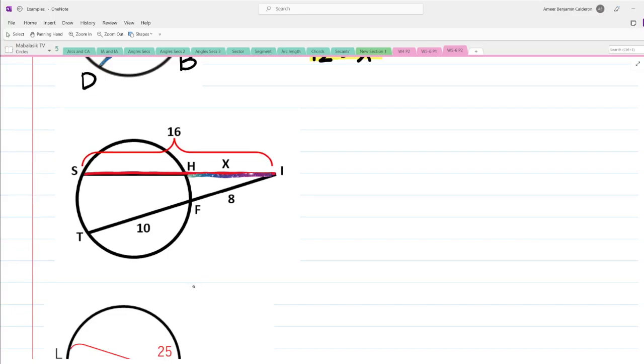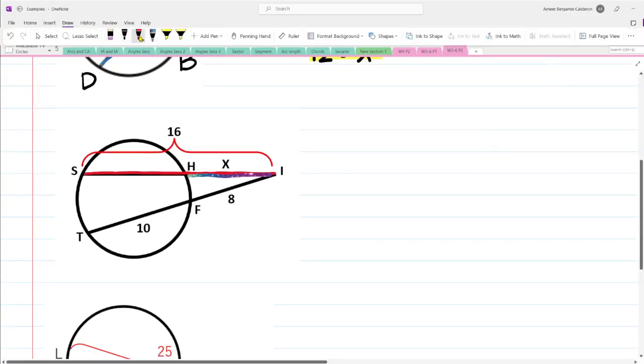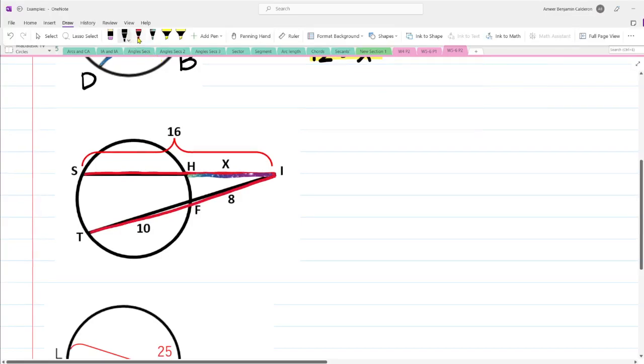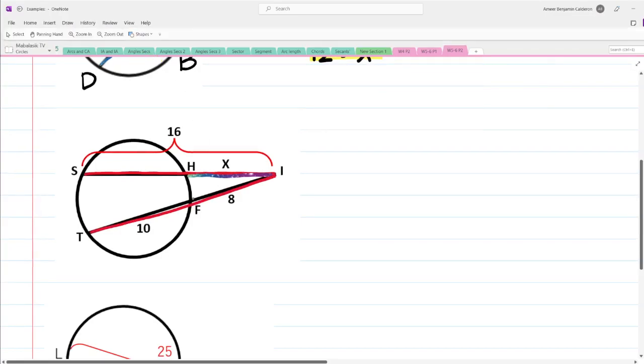That is the external secant segment. In the case of our other secant segment, segment TI, the external secant segment is segment FI.